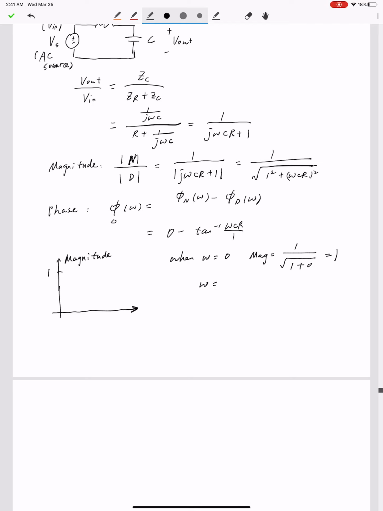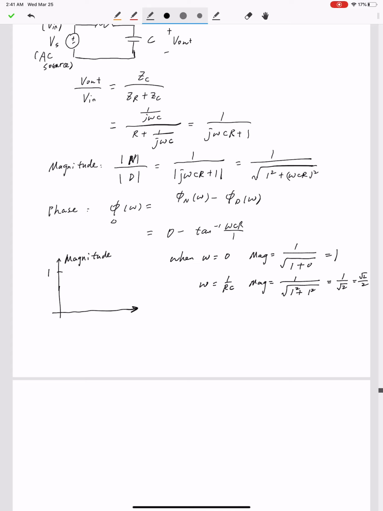And when omega equals a special point, which is 1 over RC, the magnitude becomes 1 over the square root of 1 plus 1 squared, which is 1 over square root of 2, that is square root of 2 over 2.